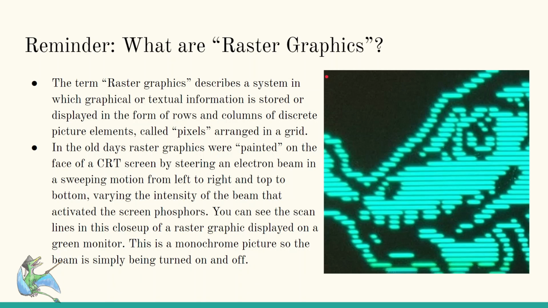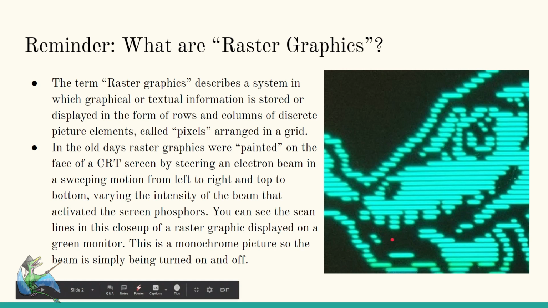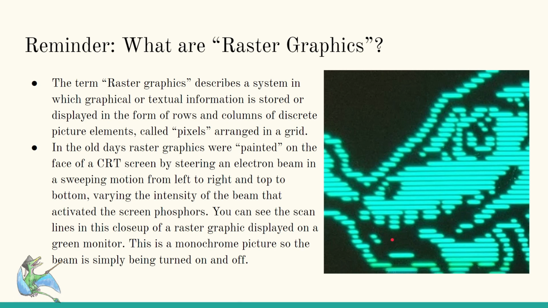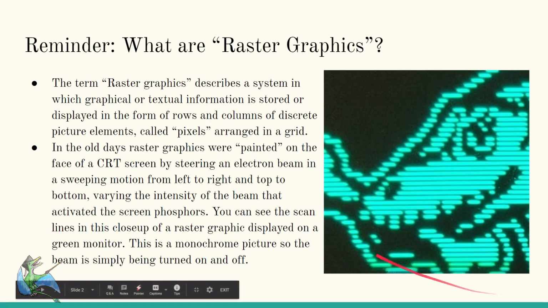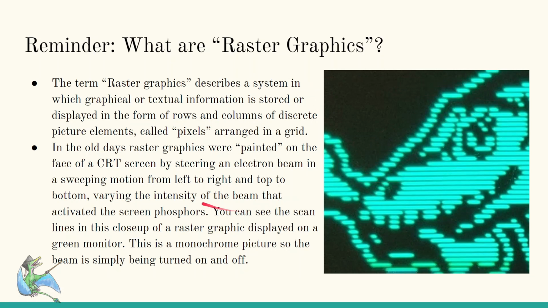So you set up hardware that scans back and forth, and as it scans back and forth, you can turn the electron beam on or off, or vary its intensity. And when you have it on, you get a pixel. Where you don't, you get no pixels. And so you scan from top to bottom, then you pop back up to the top, scan it again, Bob's your uncle.